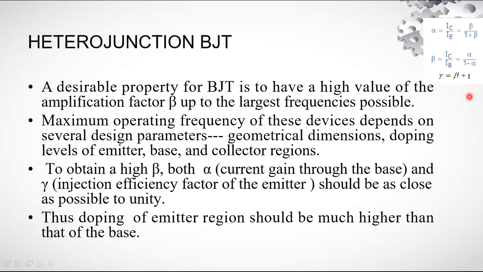So when alpha, which is the current gain through the base, and gamma, which is the injection efficiency factor of the emitter, are close to unity, we get a high value for beta. So in order to make alpha and gamma close to unity and to get a high value of beta, in the fabrication, what we should do is the doping of emitter region should be made higher than that of the base.